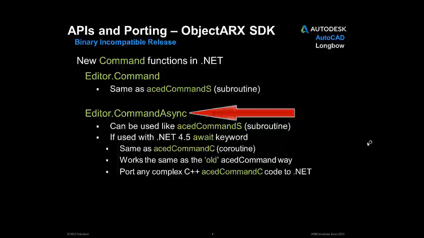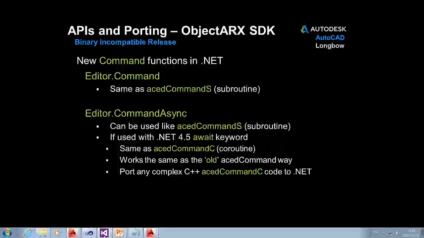This is the equivalent of the coroutine version of ACED command. As you remember, when we migrated our ObjectARX code to ACED command C, we needed to pass in a reference to a callback function. In .NET, you can also use a similar workflow with a callback function. For example, like this.